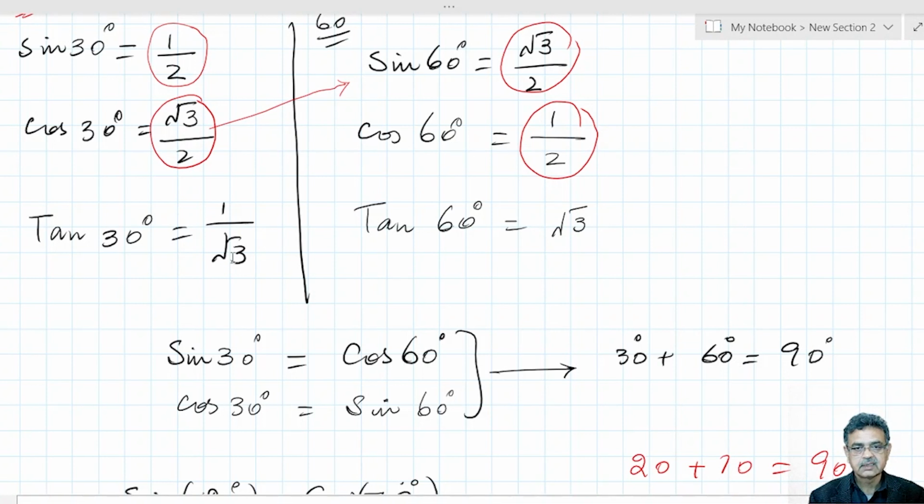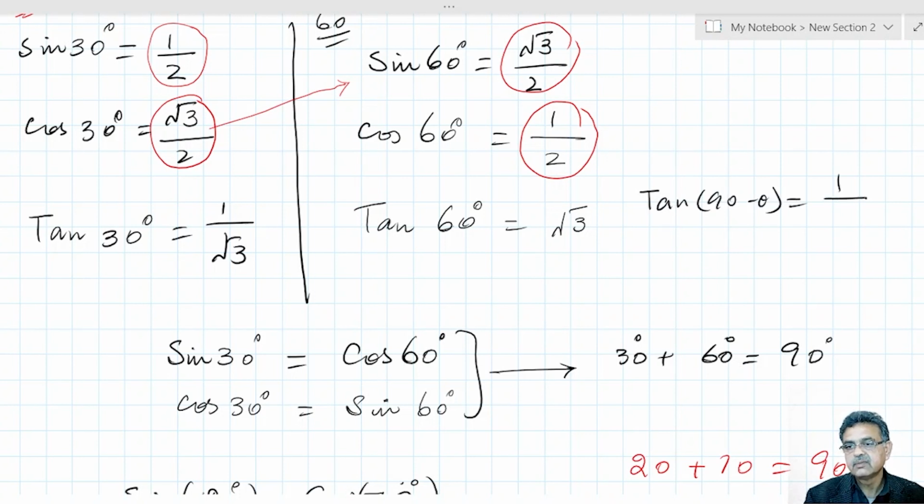You can find that the reciprocal of root 3 is 1 over root 3, and the reciprocal of 1 over root 3 is root 3. That means whatever the angle is here, tangent 90 minus theta will be 1 over tangent theta.